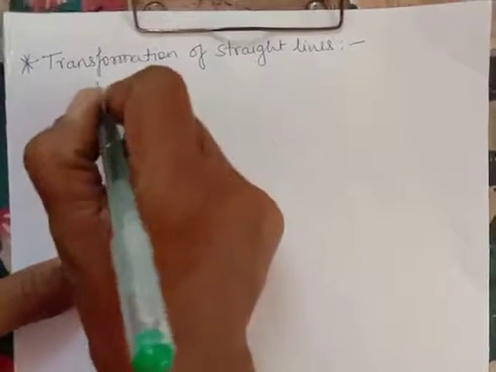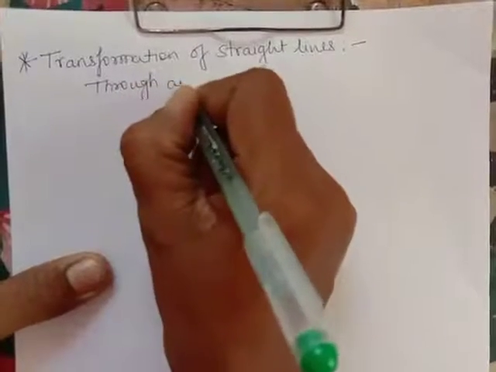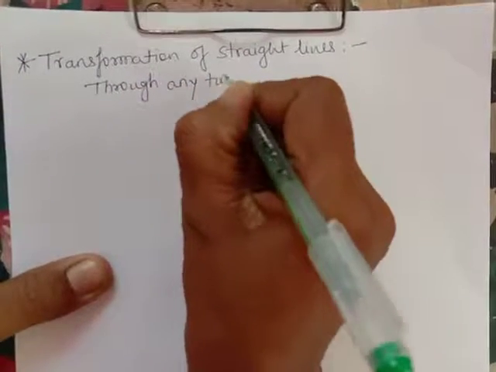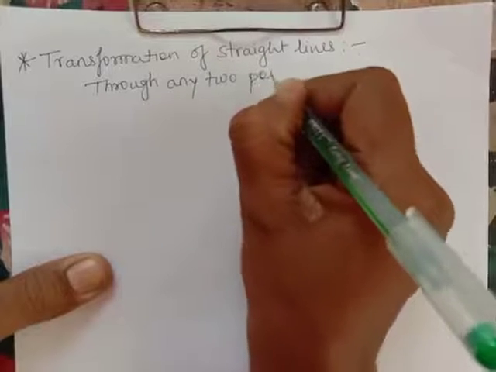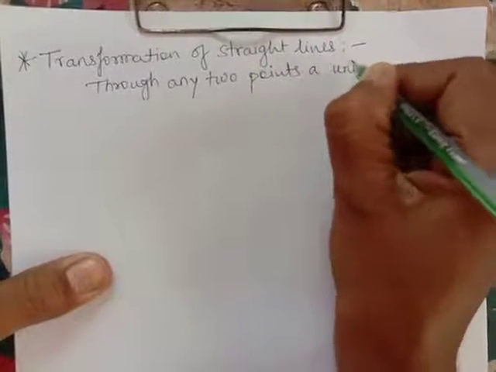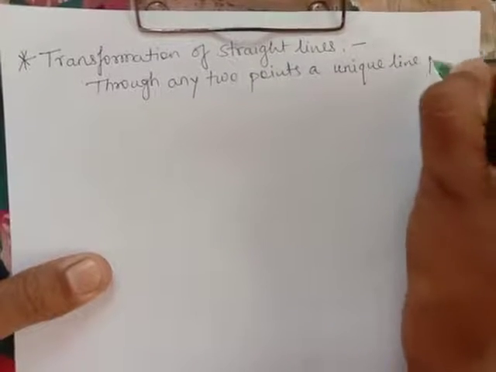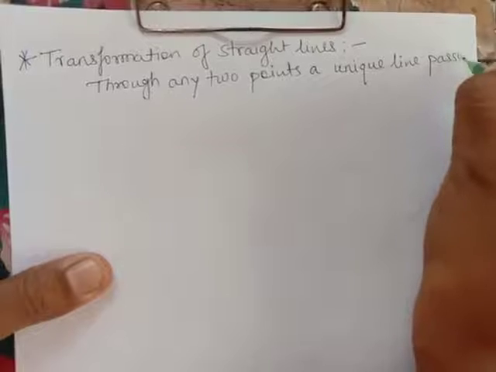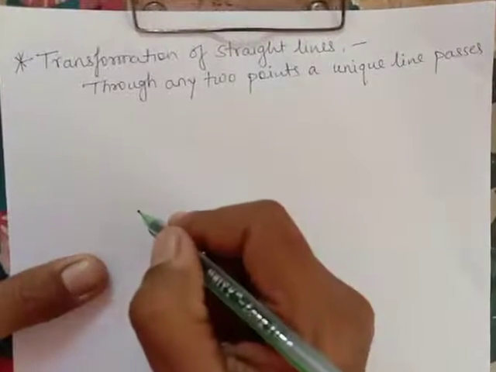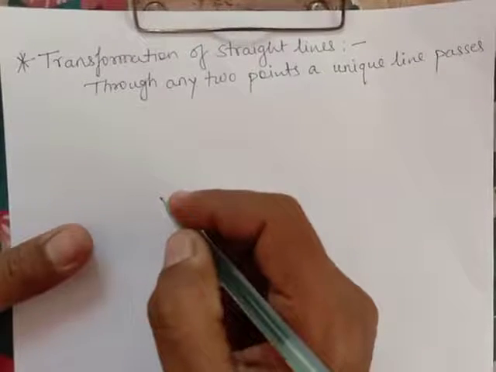Now you know, through any two points a unique line passes. Okay.